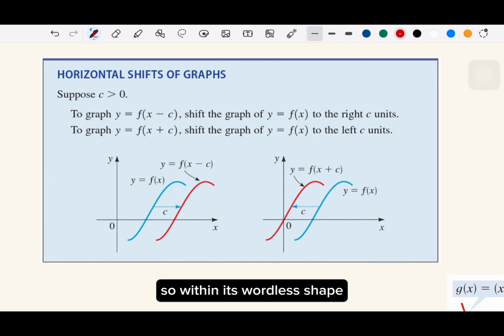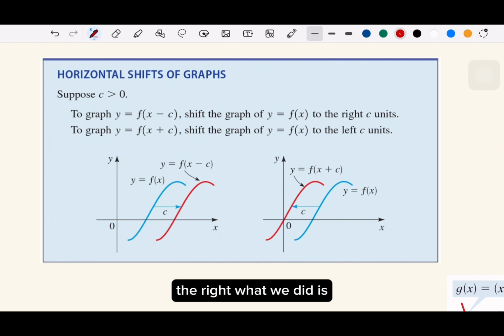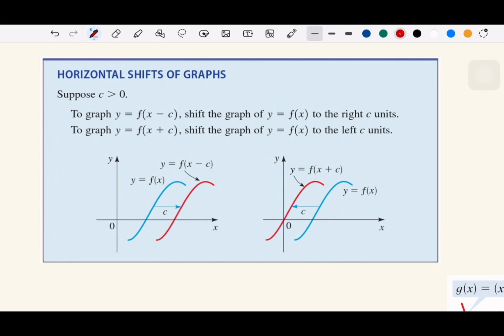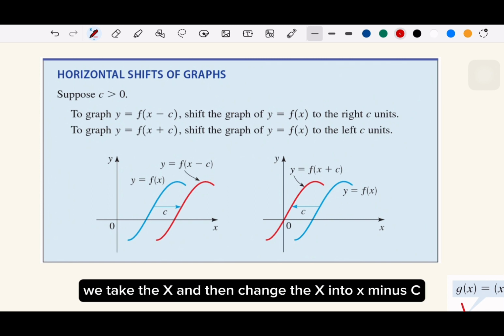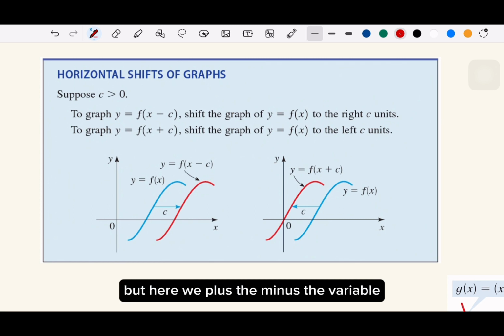So within this horizontal shift, if you want to move some constant to the right, what we do is we take the x and change it into x minus c. It's a little bit different from the vertical, because for the vertical we directly add or subtract from the function, but here we add or subtract from the variable.